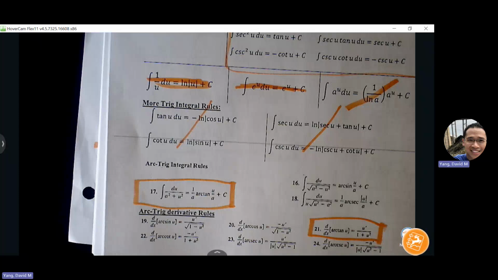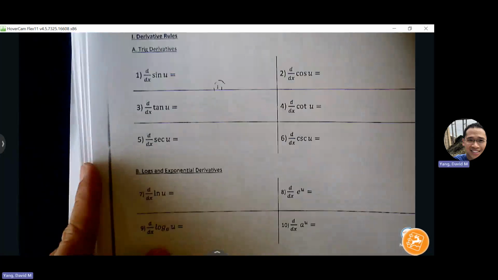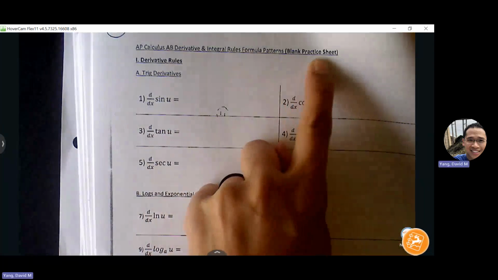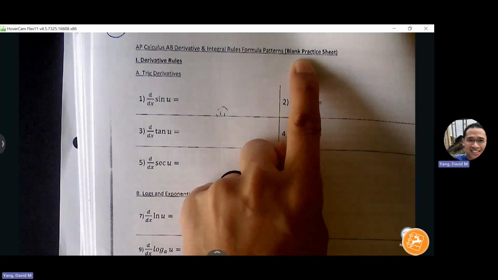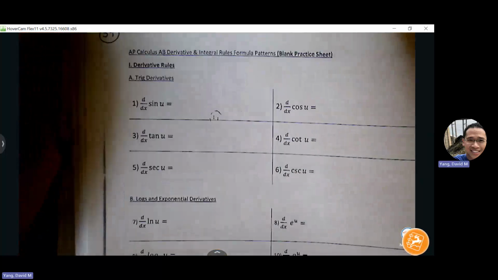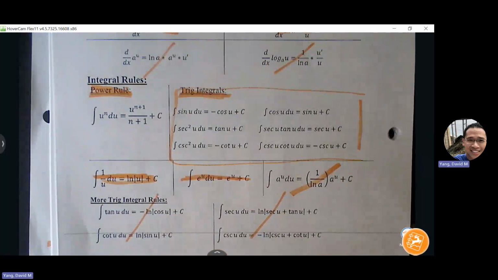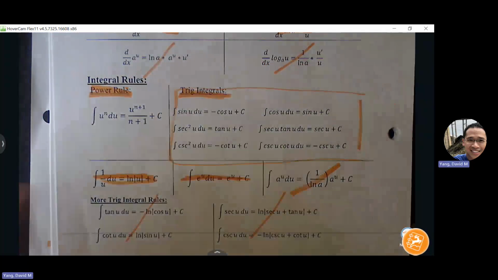So in your packet on page 59, these have all the rules that you can use as a blank practice sheet to kind of help see if you remember your rules, right? So that's just there if you want to use it. But everybody good with the ones that I want you guys to focus on? Okay, derivative and integral rules.